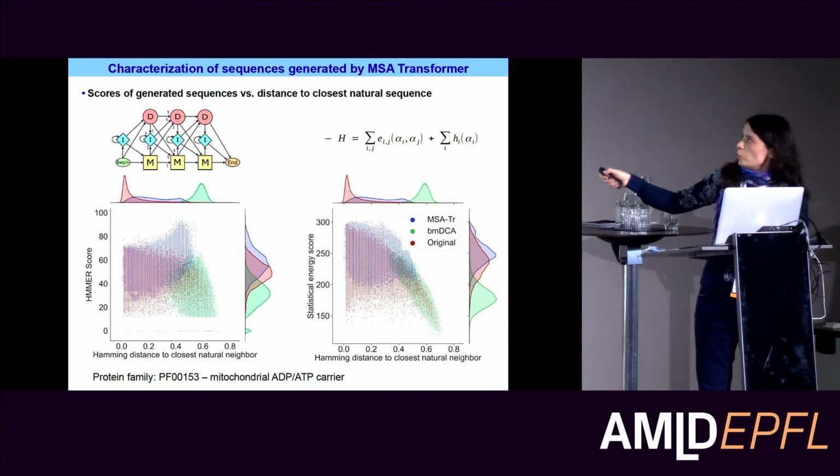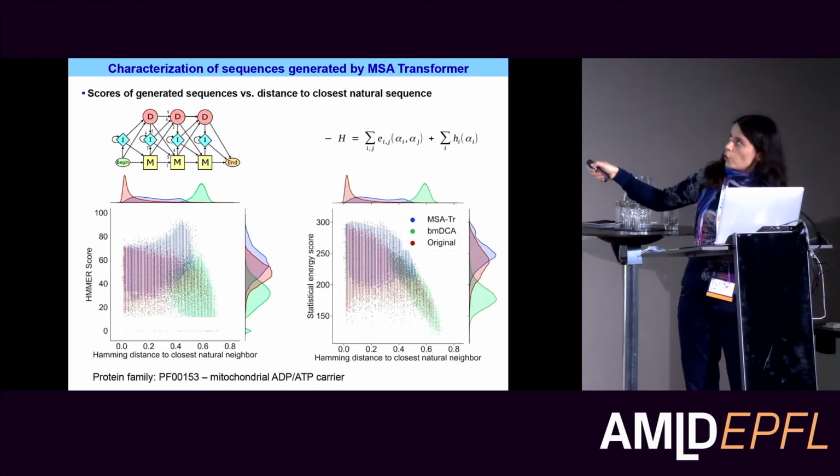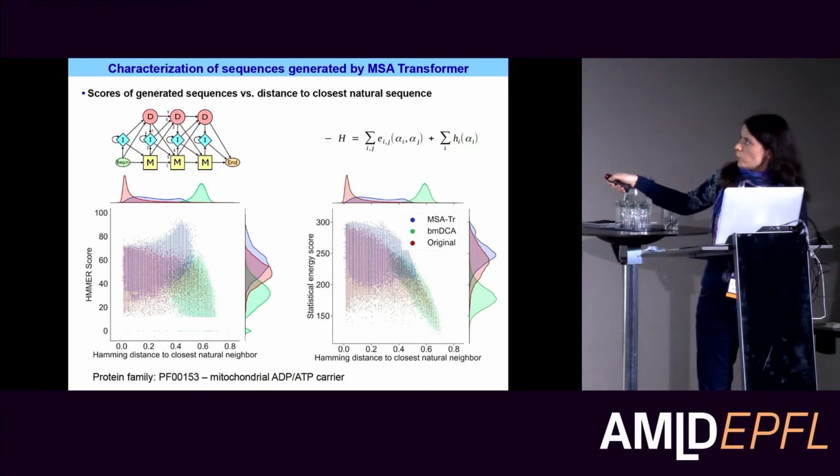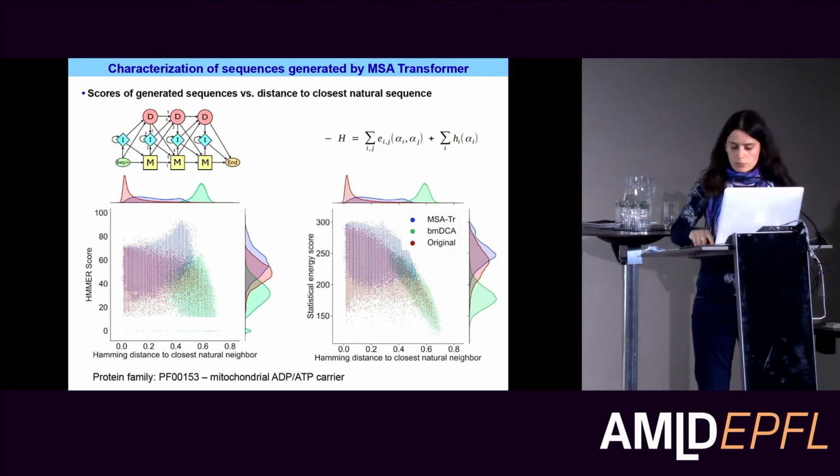And in fact, the conclusions are quite similar when we look at this other score, which is the Potts model score, minus energy. We can see that MSA Transformer is producing proteins that have scores that are similar or better than the natural sequences, while the Potts model BM-DCA is producing sequences that have lower scores. Okay, so this was just for one protein family, which is the mitochondrial ADP-ATP carrier.